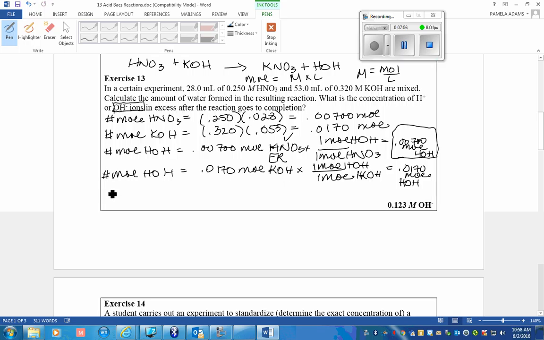I would like to know the number of moles of OH that are bound into water before the reaction stopped. 1 mole of water contains 1 mole of the hydroxide ion.